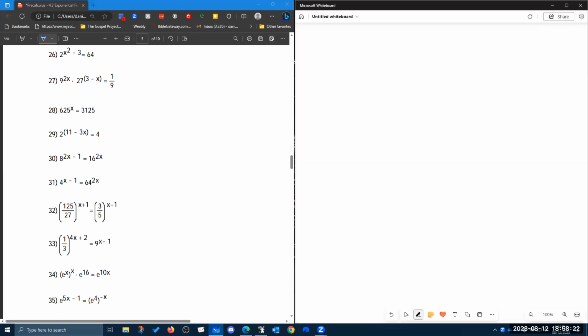We're on number 32 now. 125 over 27 raised to the x plus 1 equals 3/5 to the x minus 1.